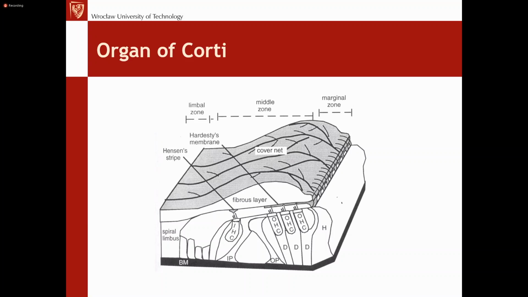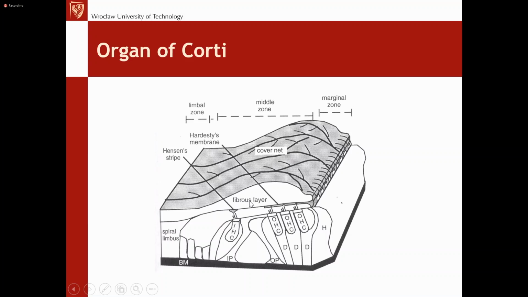And when sound goes to the outer ear, goes through the middle ear, and is transformed from the sound wave into mechanical vibration, this vibration is transmitted via the basilar membrane in the form of a running wave, and this running wave causes the movement of the inner hair cells as well as the outer hair cells.